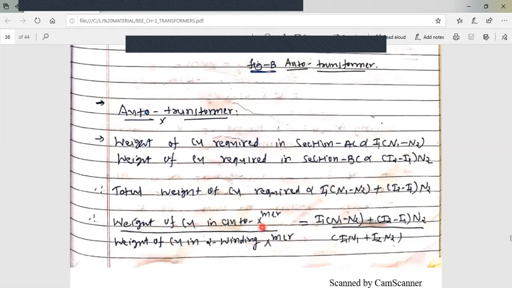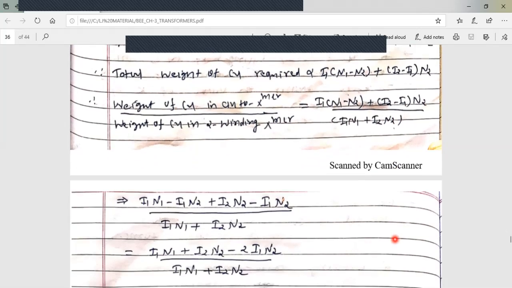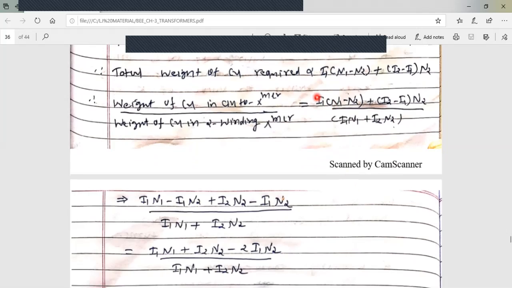So the weight of copper in auto transformer is I1 into N1 minus N2 plus I2 minus I1 into N2, upon the weight of copper in two winding transformer, I1 N1 plus I2 N2. Now this is equal to I1 N1 minus I1 N2 plus I2 N2 minus I1 N2 upon I1 N1 plus I2 N2.